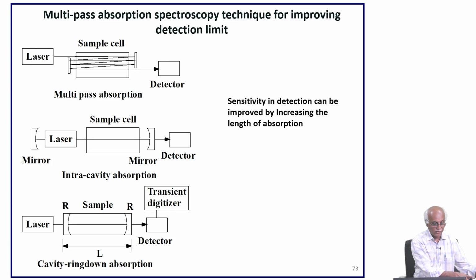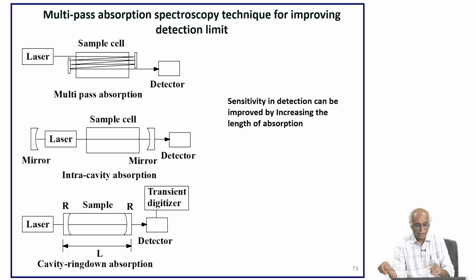Basically, in measurements where we are trying to measure trace gases, very small concentrations of various types of gases, the input intensity and the output transmitted intensity are comparable, so it is very difficult to distinguish the concentration easily.